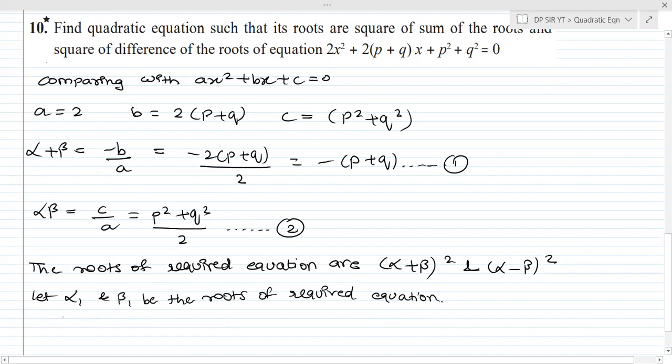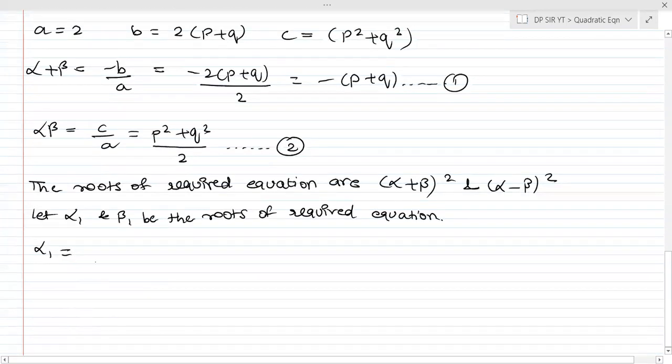Now, if such a thing happens, alpha 1 will be equal to, as per the question, the square. So alpha 1 is equal to alpha plus beta the whole square, and beta 1 is equal to alpha minus beta the whole square.